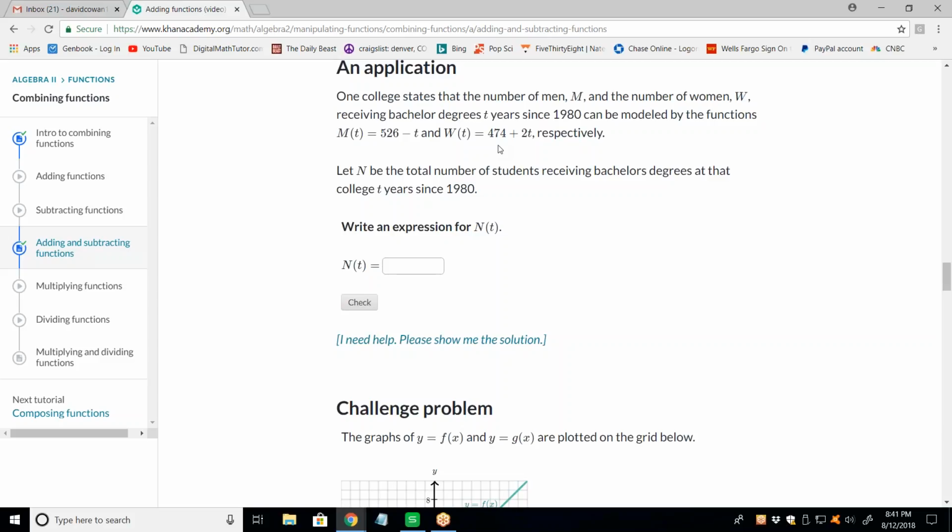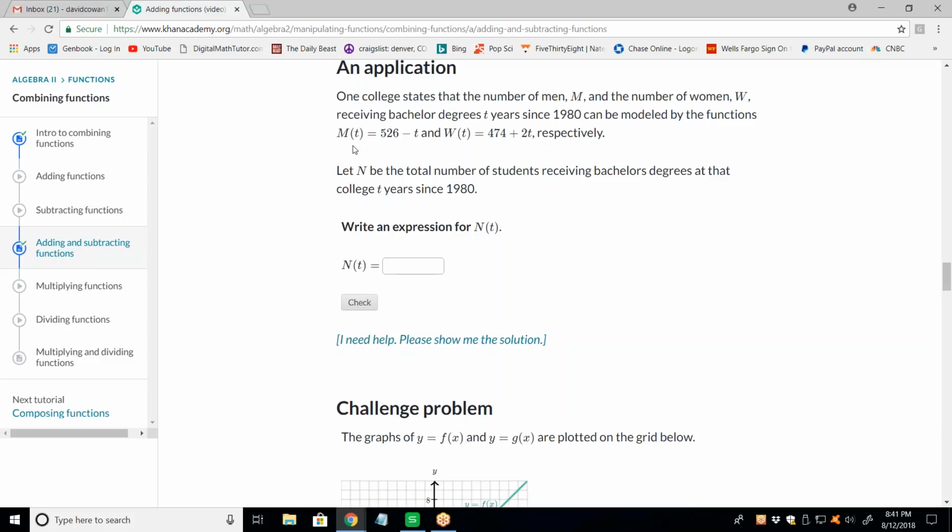So if we think about this for a second, if it's 1980, what is the number of men in this college? 526. How about women? 474. If it's 1985, how many men are there getting bachelor degrees?